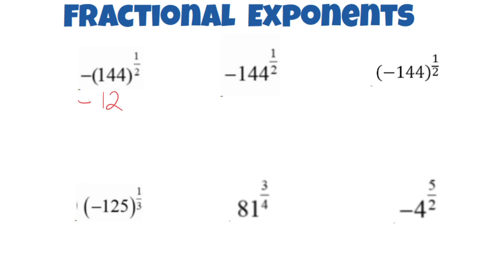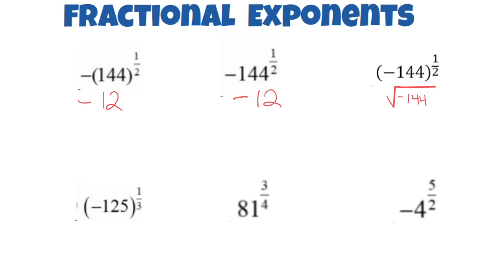This next problem is actually the exact same thing without the parentheses. It's still, even without the parentheses, I've got to square root it first and then make it negative. The third example is the scenario where you don't do the negation at the end. It's incorporated inside the radical, so this really is a square root of negative 144.